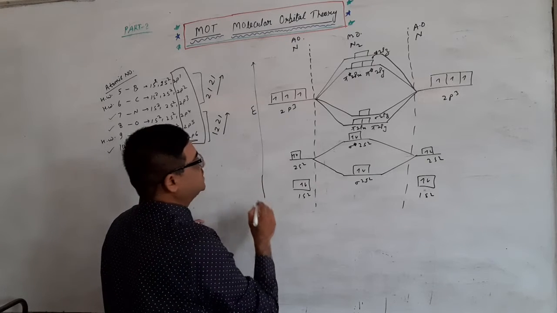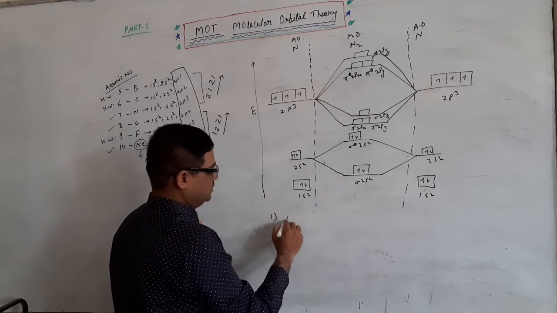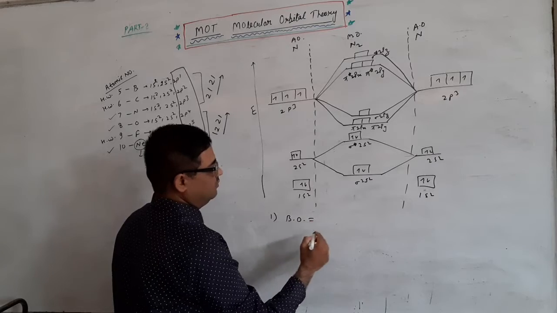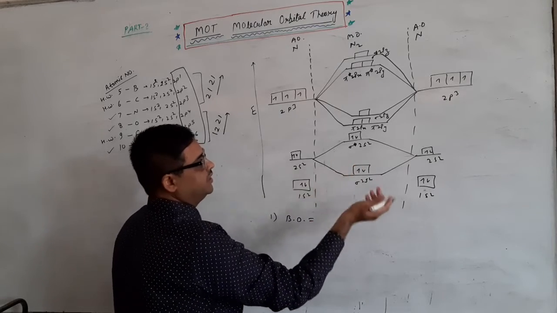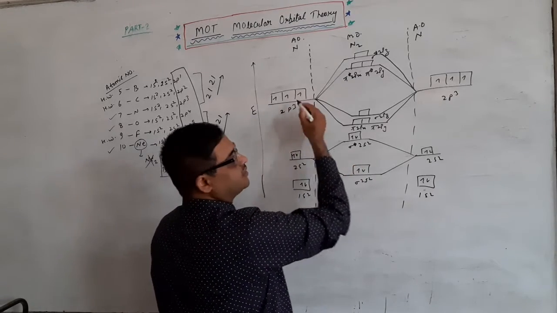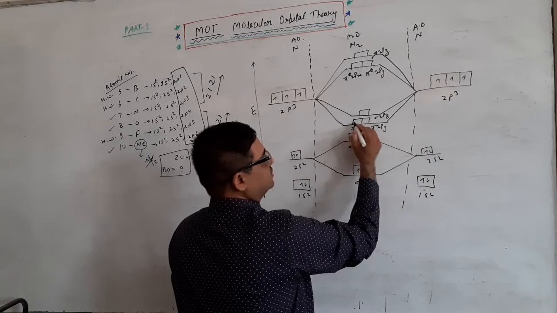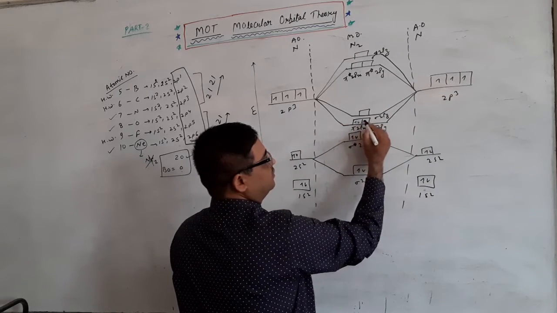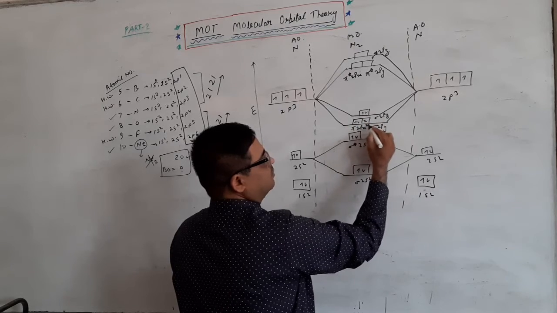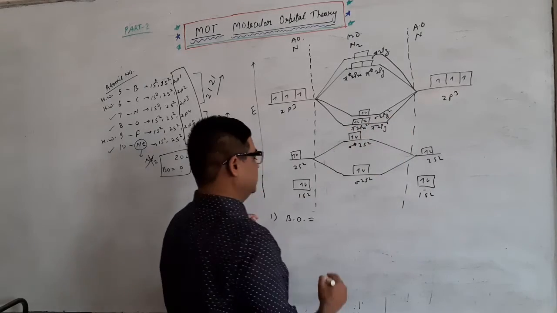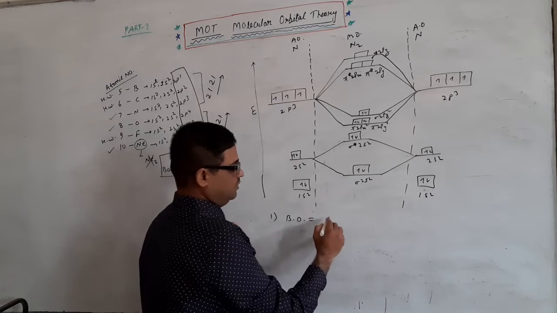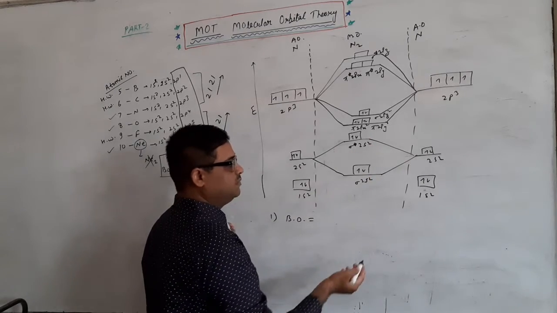Now the question arises about bond order first. Bond order depends on the number of electrons in BMO and ABMO. Here 3 electrons are there and 3 electrons are there, so 3 and 3 make 6. So I will put 1, 2, 3, 4, 5, 6. I will put 2 also here. So the bond order will be the number of electrons in BMO minus ABMO.